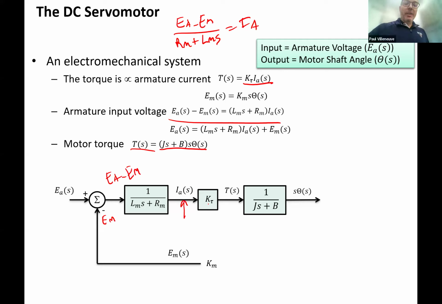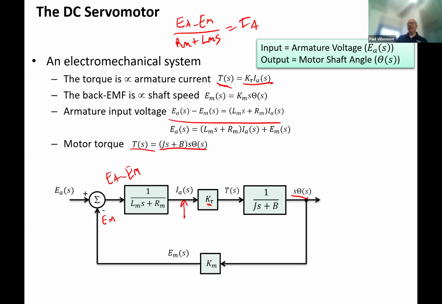Now I multiply that by KT and I've got my torque. That's the torque that is actually going out on the shaft. I divide that by JS plus V, and that gives me S times theta of S.